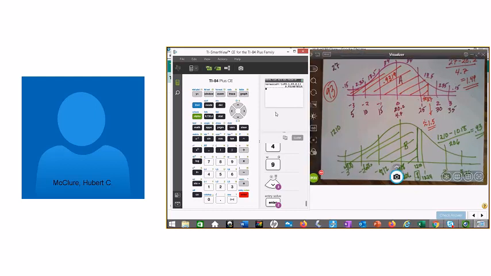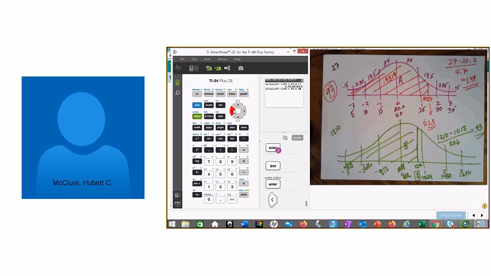Okay, now let's do second entry. And I'm going to back this up and type in 0.93. The reason I'm typing in 0 is so I don't have to mess up the place values of my previous entry.